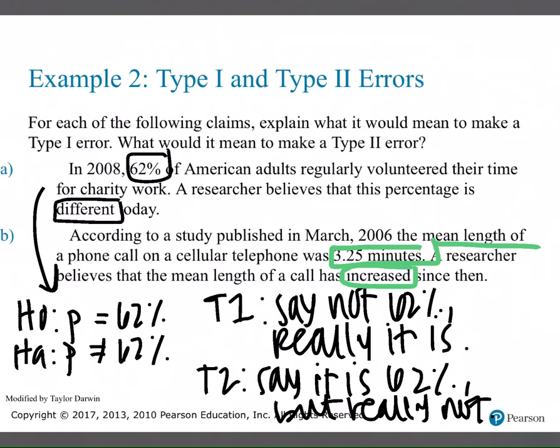It has increased, but really it hasn't increased. It was 3.25 minutes. That would be a type 1 error for this example. And then a type 2 error is it really is 3.25 minutes, but we say it has increased. So that would be an error on our part because we're providing false information basically.